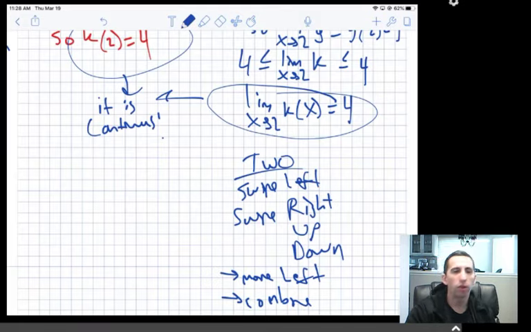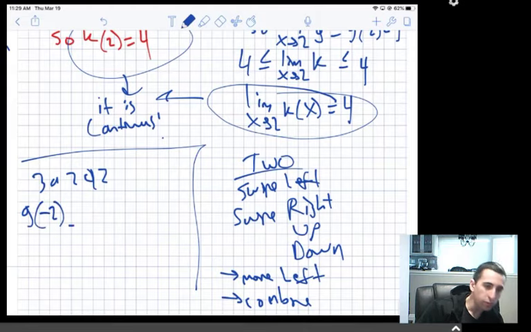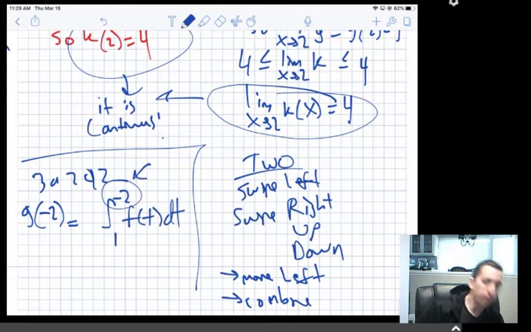So for the integral g of -2, what you want to do on that, this is 3A on the 2012, when you find g of -2, that is the integral from 1 to -2 of f of t. So that's your top bound right there. Because the bounds are backwards, you actually have the bigger bound on the bottom. You want to switch it and make it negative.